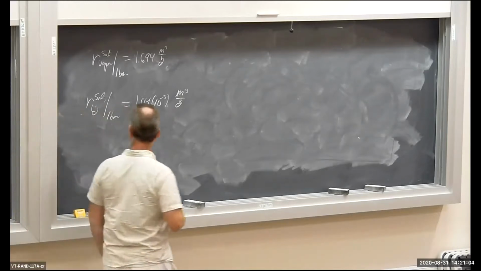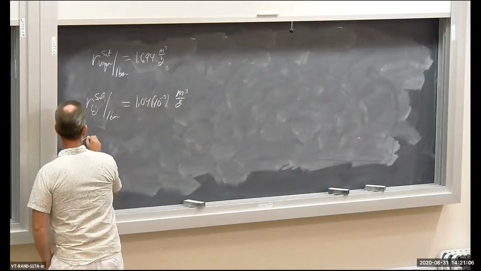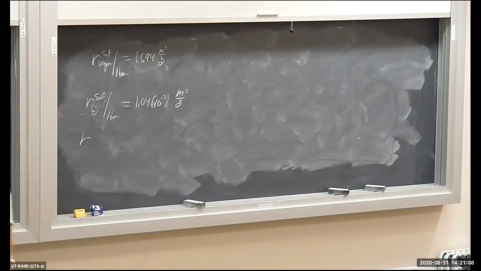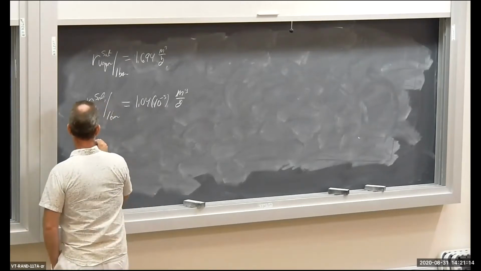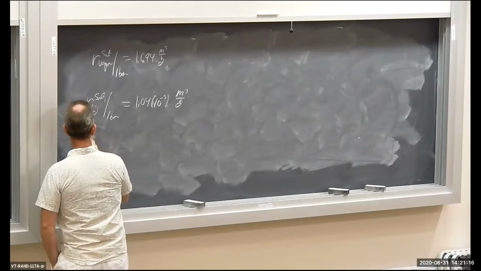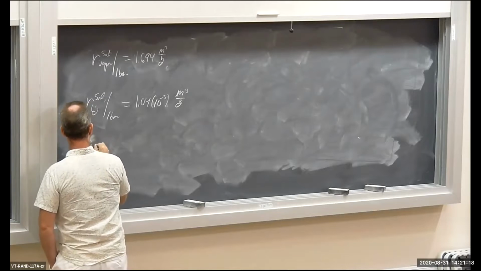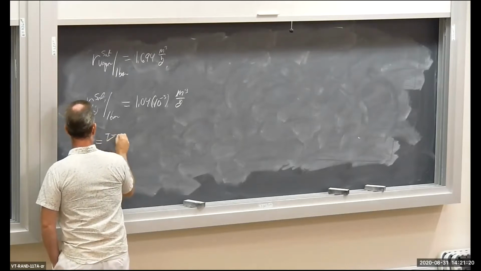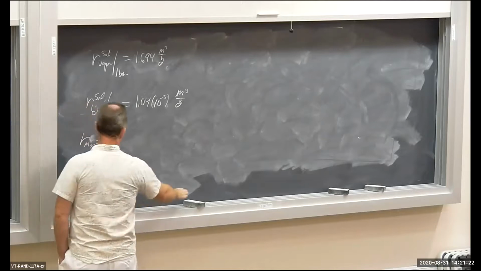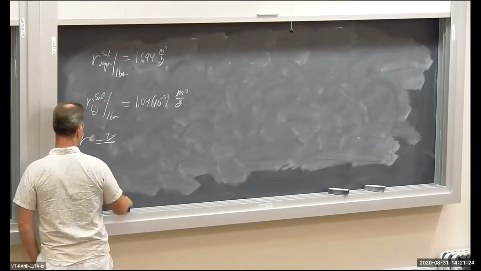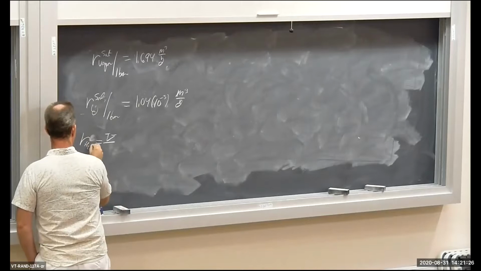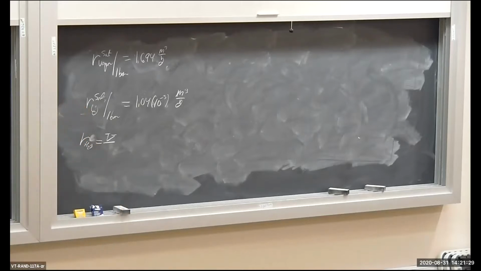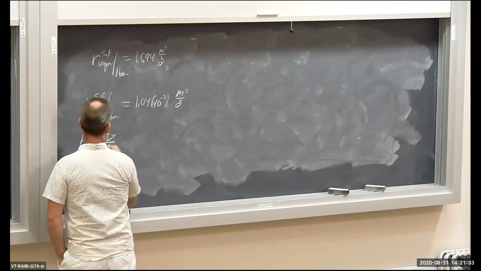All right, now let's calculate the specific volume for the mixture, for the H2O. I don't know what it is right now. Well, that's going to be the volume of the H2O divided by the mass.